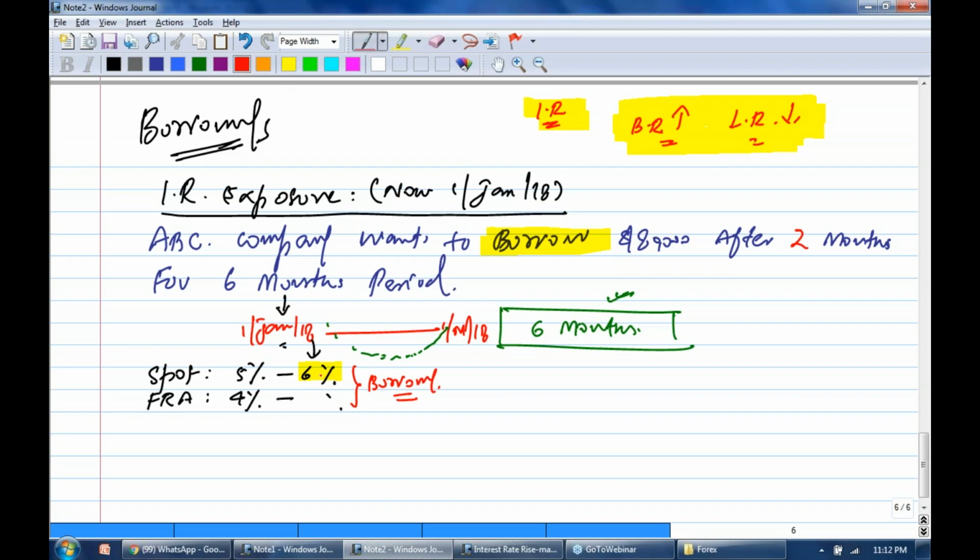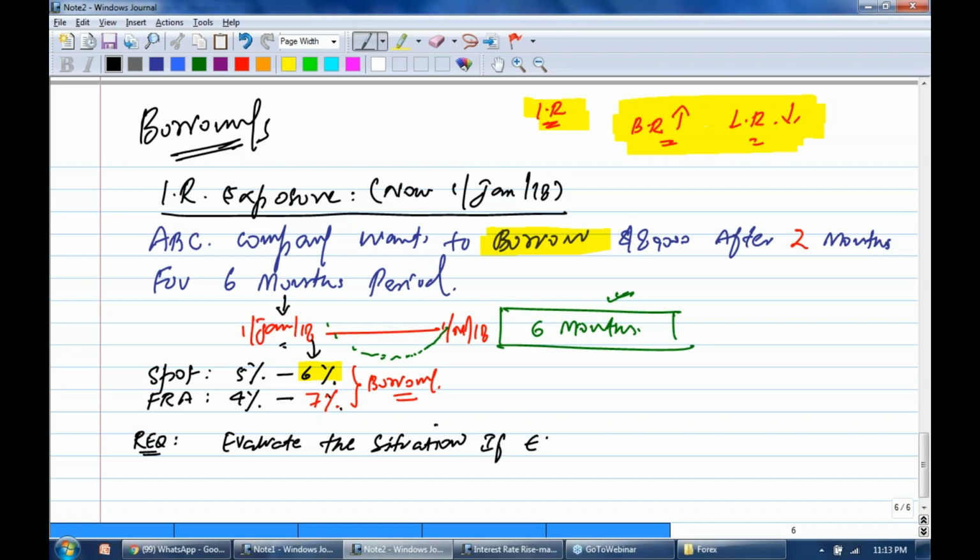Bank has offered this 7% FRA. So a requirement, evaluate the situation.